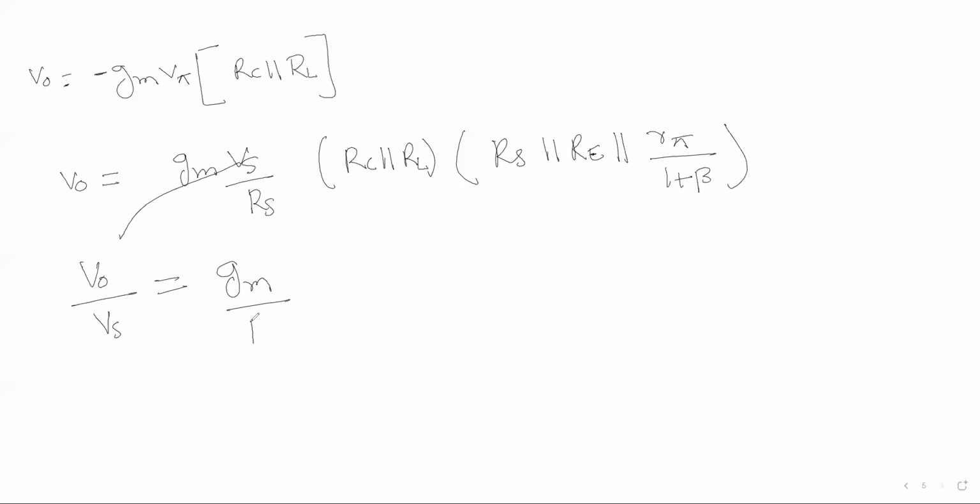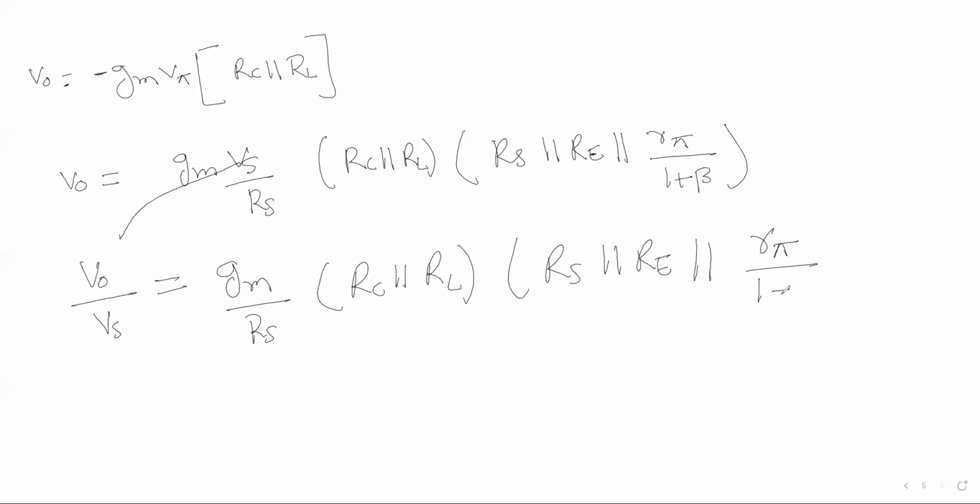V naught by Vs will be equal to gm by Rs, RC parallel with RL, times Rs parallel with Re parallel with R pi by (1 plus beta). That would be your voltage gain, AV.